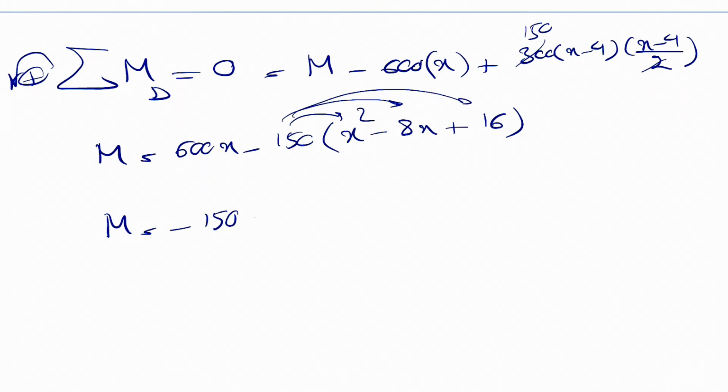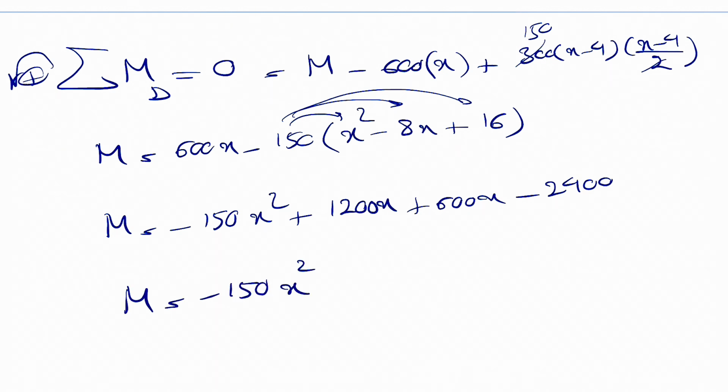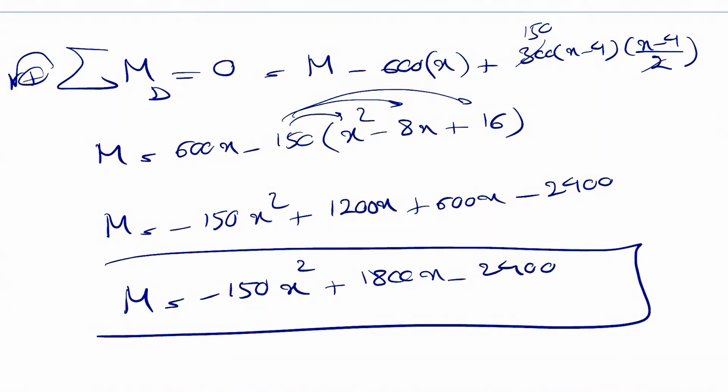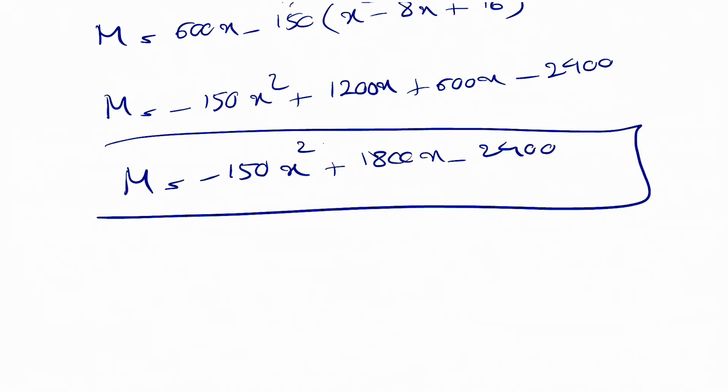We're going to get minus 150x squared plus 8 times 150, which is 1200x, plus 600x, and that's going to be minus 2400 because it's twice 1200. Yeah, it sounds like we found our new function, and it looks like a quadratic function. So plus 1800x minus 2400, and that's going to be our function that we need to draw the graph.